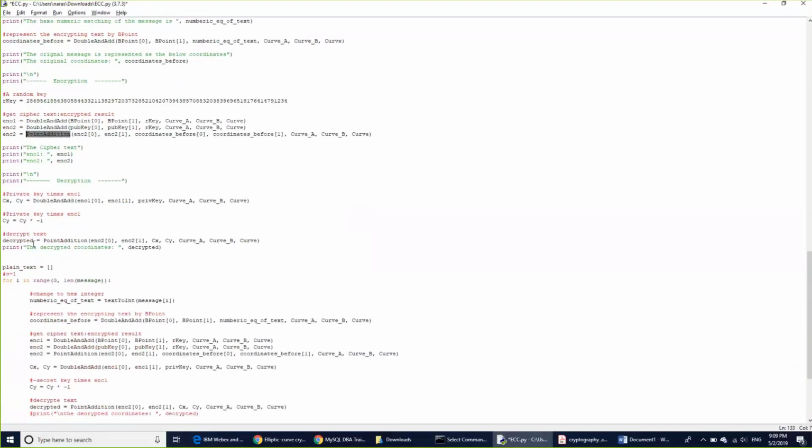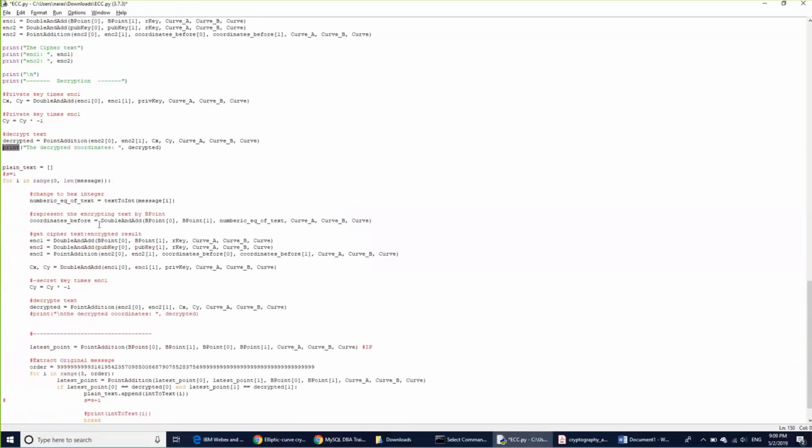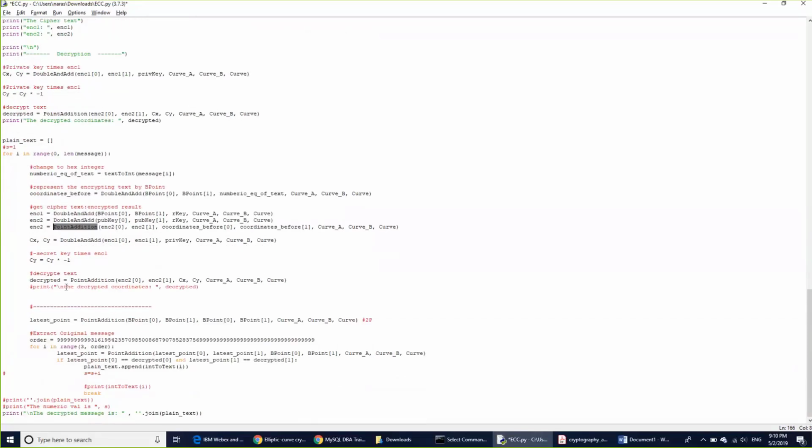And the decryption portion starts from here. And again, this is the original message, and then the original coordinates and the encrypted message. Okay, and the decryption process starts from here.